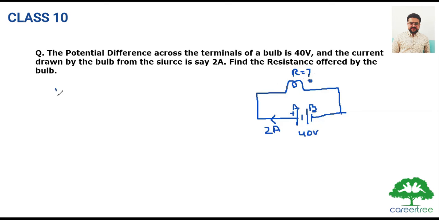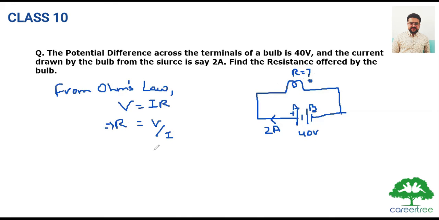So from Ohm's law, we already know V is equal to I into R. Now from here the resistance would be V by I. Voltage or potential difference is given as 40, current is given as 2 amperes.